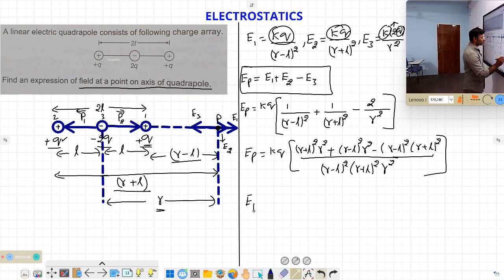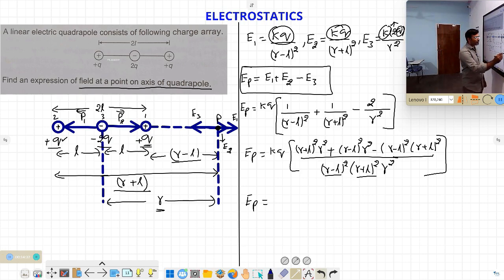Now you have to solve this to get the result. This is (A minus B) whole square, (A plus B) whole square, that is nothing but (A minus B) into (A plus B), which is A square minus B square, and that whole square you have to take, and in the denominator also, by multiplying and taking the minus common. After following a certain process, we will get the result.